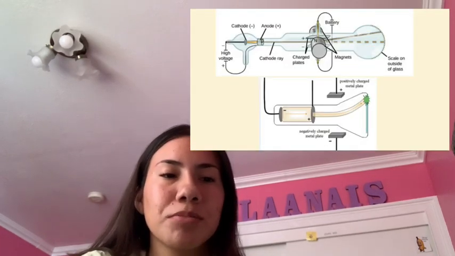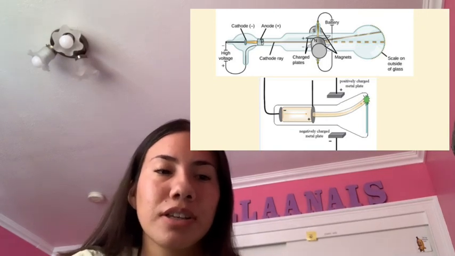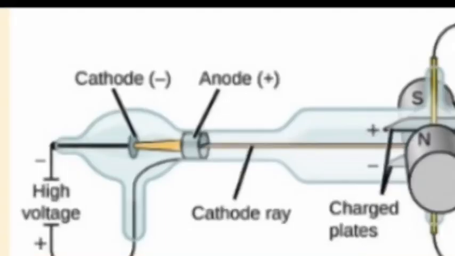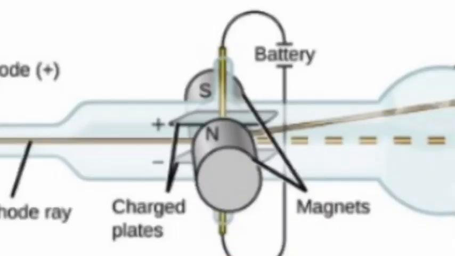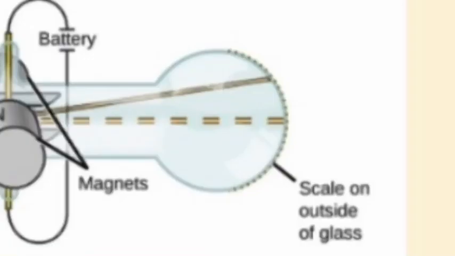So I have two images of what the cathode ray experiment could look like. On the top we see the high voltage, and we also see the magnetic field, the positive magnet and the negative magnet. Towards the end you can kind of see these tiny little bumps which represent the scale, which led him to discover the weight of electrons.